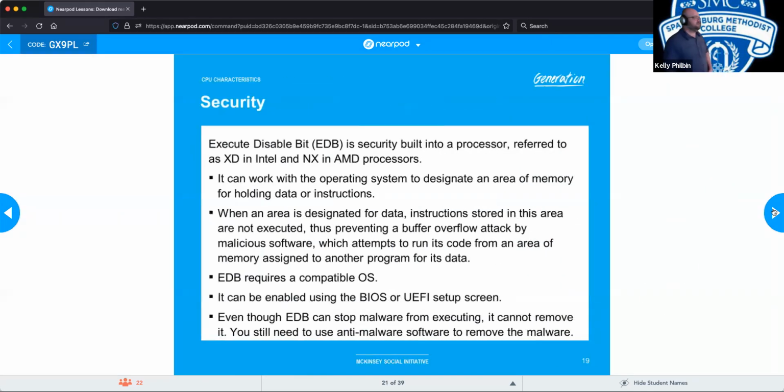All right. Security. For your CPUs, you have the EDB or execute disable bit. It's built into the processor, referred to as an XD in Intel or an NX in AMD. It is a function where if you send a signal to it to initiate that process, it will disable that processor.